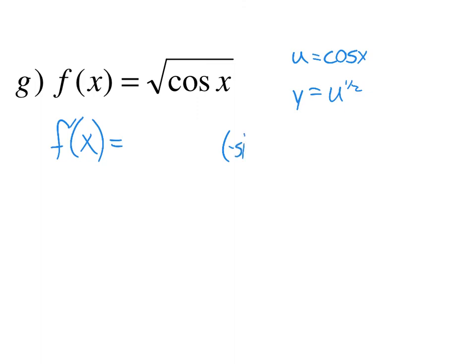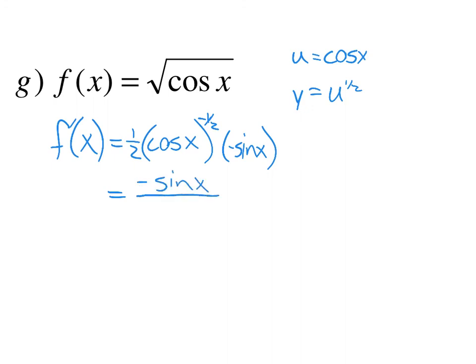That's the derivative of the inside. 1/2 times cosine times negative sine x. The derivative of the outside is 1/2 cosine to the negative 1/2. The derivative of the inside is the negative sine. If I want to simplify that, I'd make it a negative sine x over 2 radical cosine x.